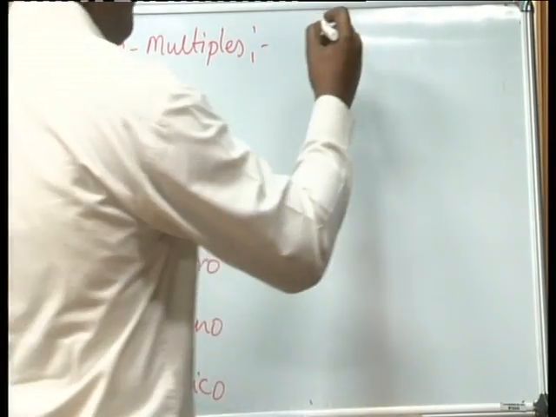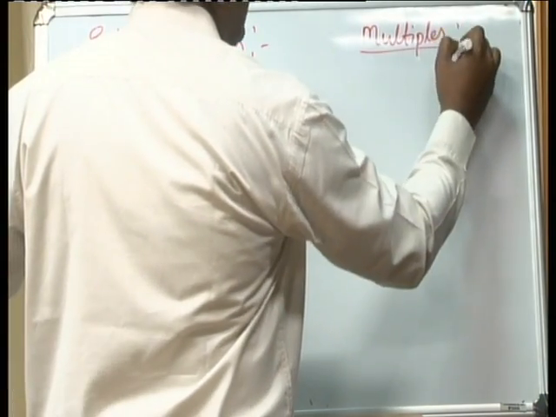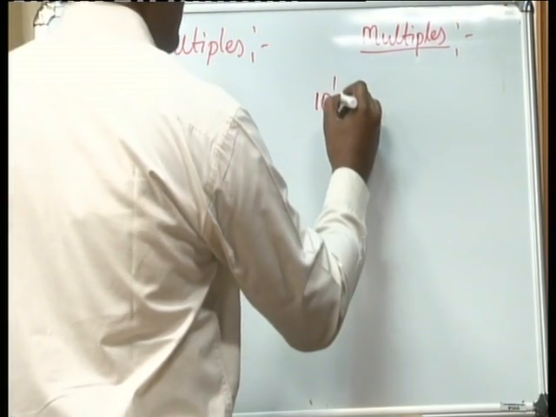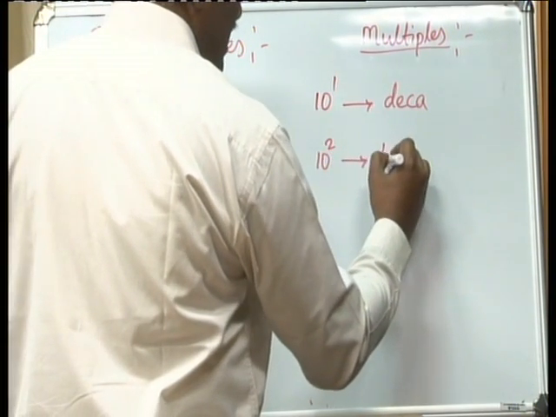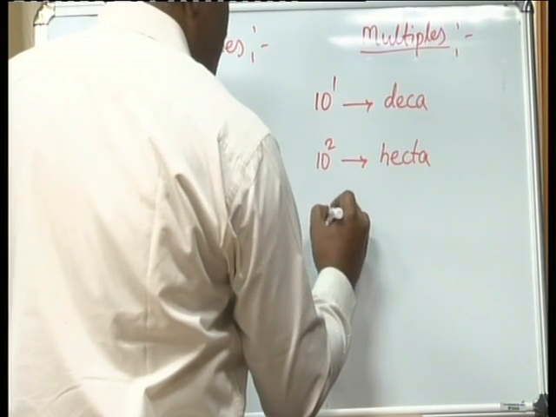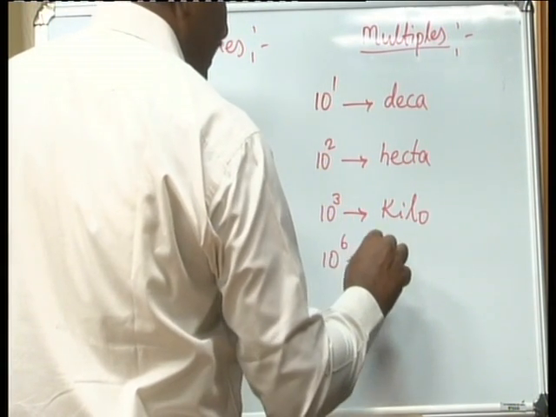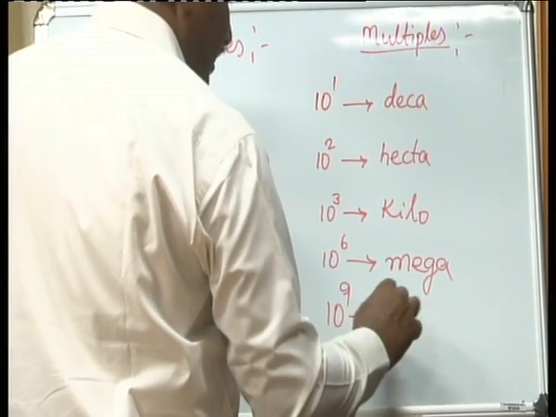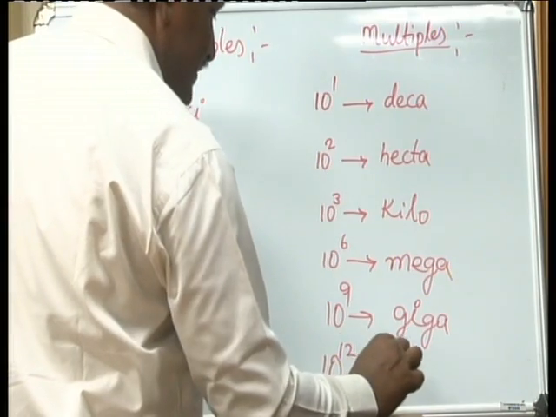Analogously, there is also a way to express very large physical quantities comfortably. 10 power plus 1 is deca. 10 power 2 is hecta. 10 power 3 is kilo. 10 power 6 is mega. 10 power 9 is giga. 10 power 12 is tera, like this.